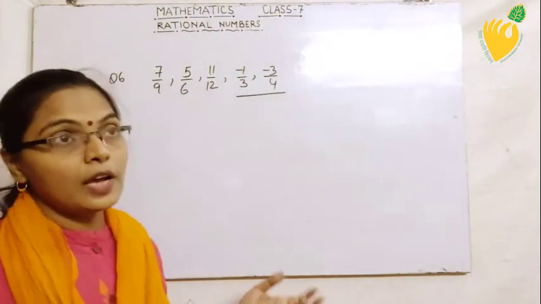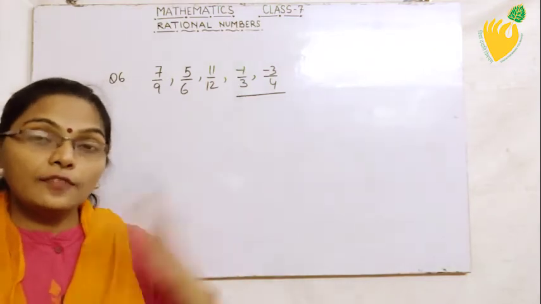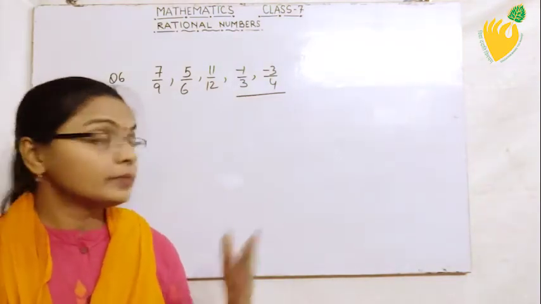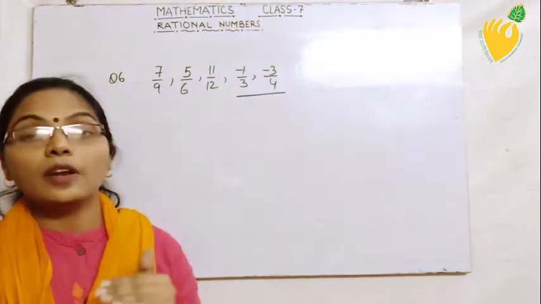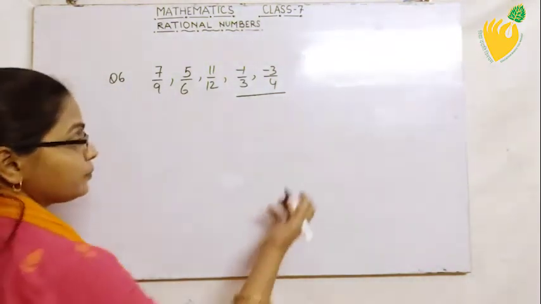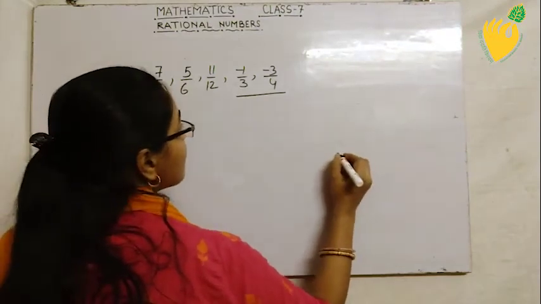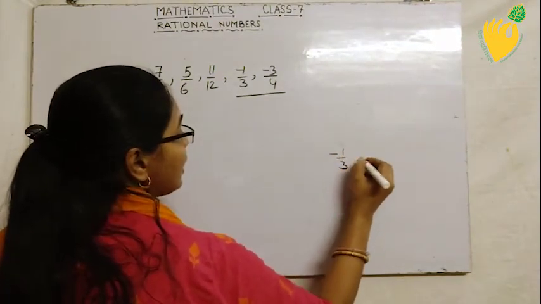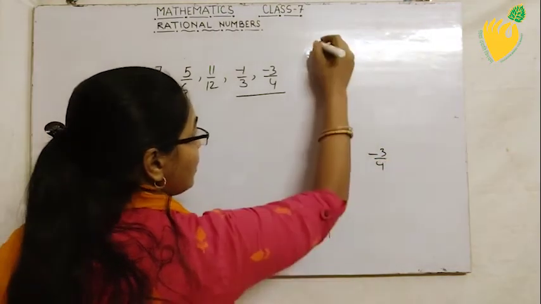Now I have already told you the concept that as we move away from 0 on the left hand side of the number line, the number becomes smaller and smaller. So let's see what happens to these two numbers: minus 1 upon 3 and minus 3 upon 4.